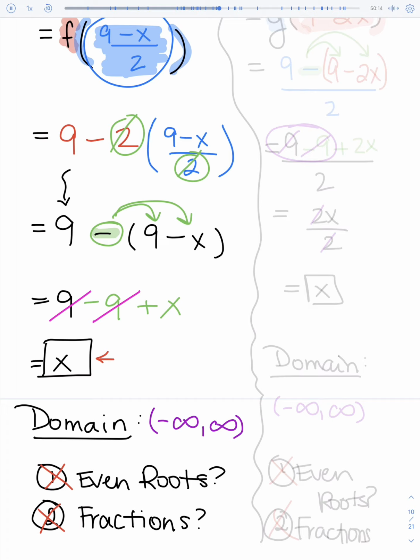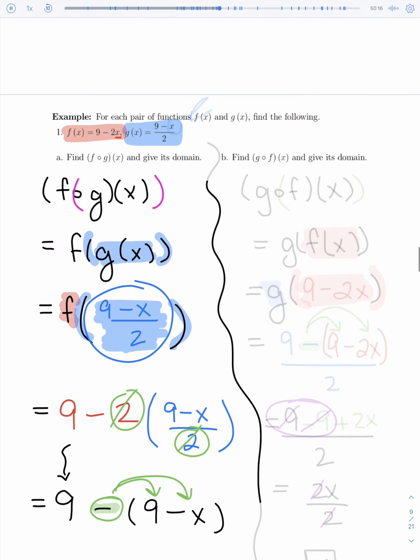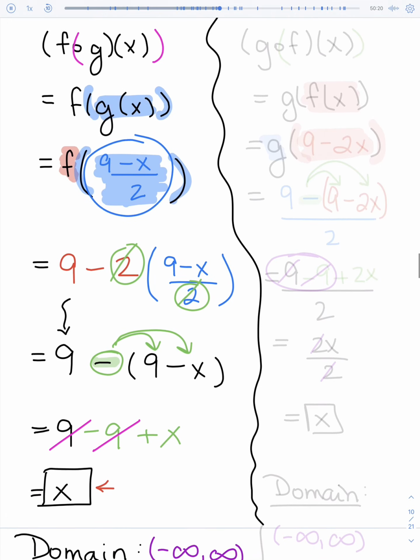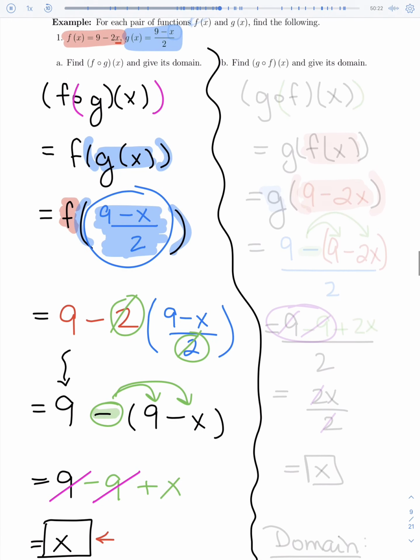In problem B, we're using the same exact functions, but this time I'm looking at the reverse. I've got the g coming first, so I've got g with my little circle, f, and then my x. Just like the last one, I'm going to rewrite it, get rid of the circle, and swap in a set of parentheses.